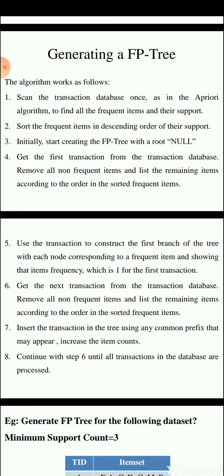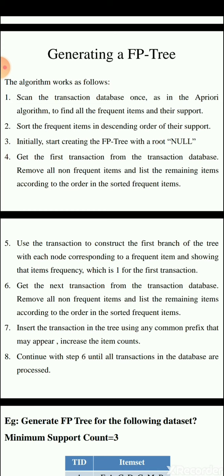Fourth, get the first transaction from the transaction database. Remove all non-frequent items and list the remaining items according to the order in the sorted frequent items. Next, use the transaction to construct the first branch of the tree, with each node corresponding to a frequent item and showing that item's frequency, which is 1 for the first iteration.